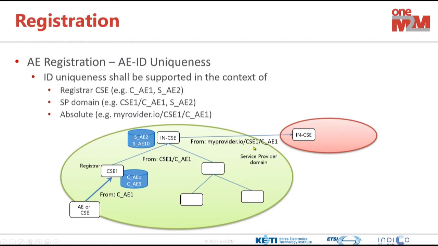And then the CSE ID is followed, and the AE ID, one of the CSE relative formats, is like this. So maybe you can imagine a telephone number. So there's the number, and then there's the area code, and there's the country code to make it really globally unique. So something like that.